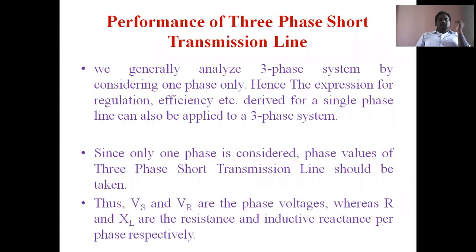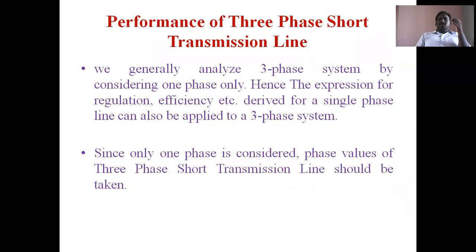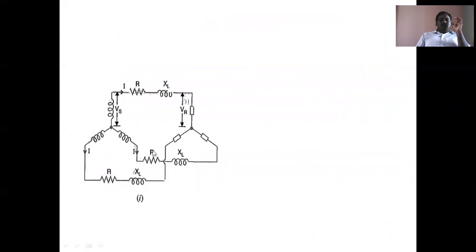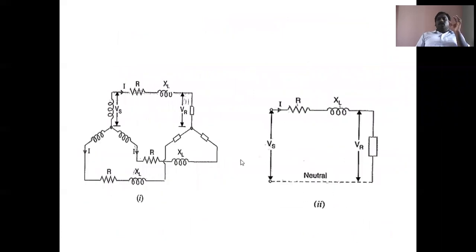Since only one phase is considered, phase values of the three-phase star transmission line should be taken. So Vs and Vr are the phase voltages, where R and XL are the resistance and inductive reactance per phase respectively. That's why this three-phase system can be replaced by a single phase. First, we will analyze in a single phase, expressed in per phase terms.